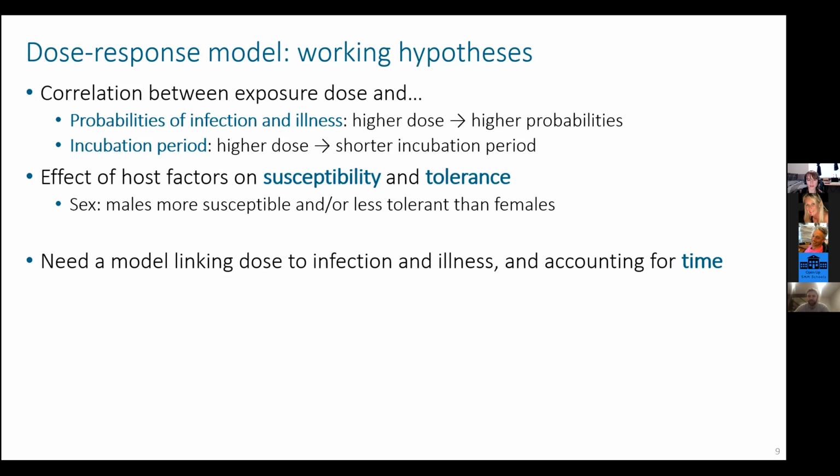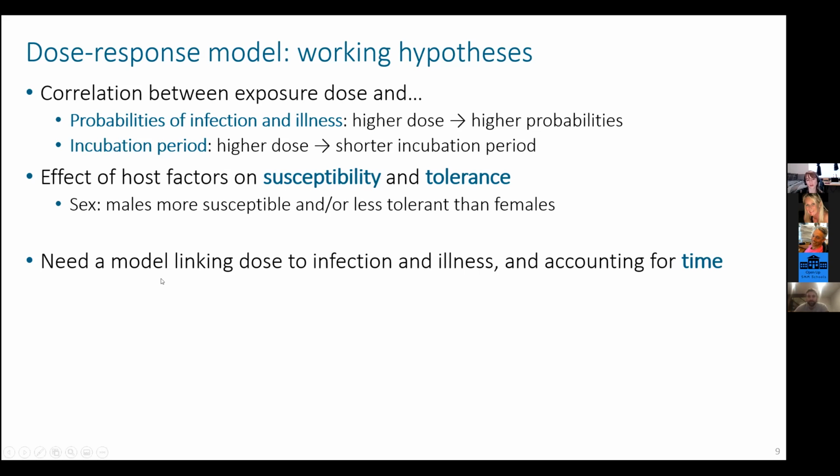We also expect that the dose-response relationship will be impacted by some host factors, in particular susceptibility and tolerance. So how much they're going to get infected by the virus and whether they're going to declare symptoms or not.